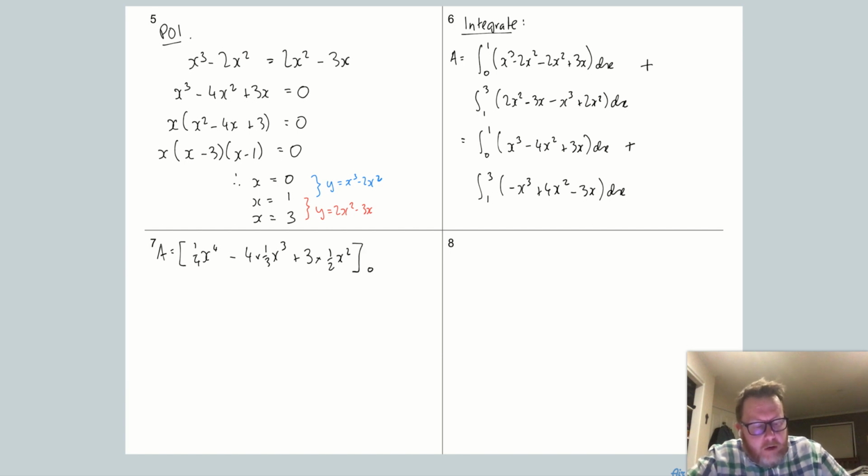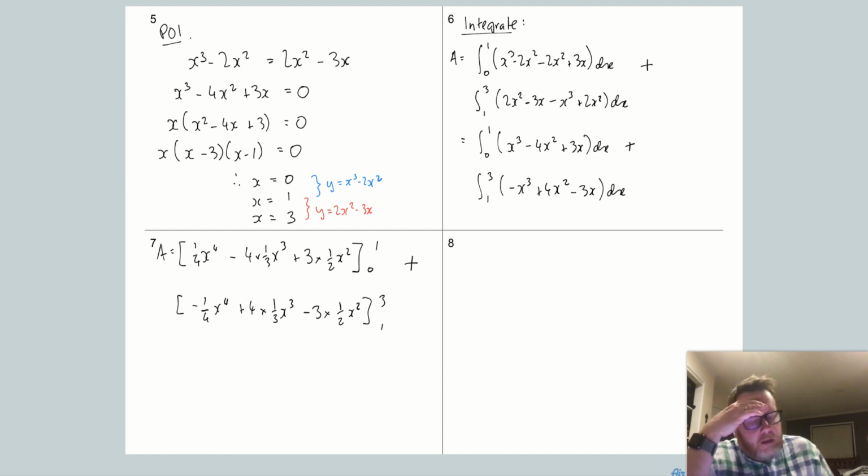And that's between 0 and 1, plus minus a quarter x to the power of 4 plus 4 multiplied by a third x cubed minus 3 multiplied by a half x squared, and that's between 3 and 1.